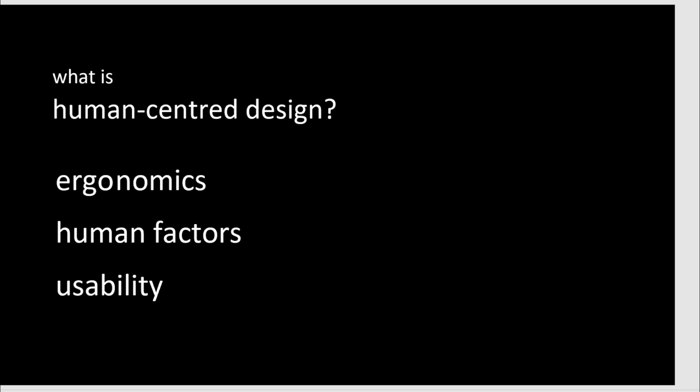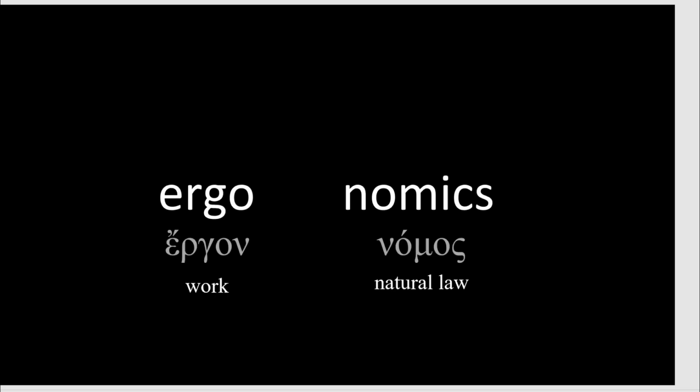All of these can be applied to areas of industrial design, architecture, town planning, and even technology design, app design. So the Latin breakdown for ergonomics: ergo means to work, and nomics means the natural law. So how can we make objects or places work that fit into our natural law?